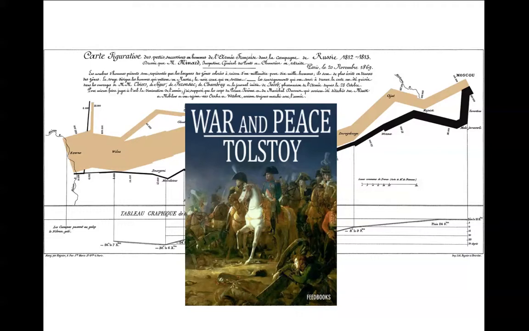But there was a guy in 1869 named Charles Minard, a French civil engineer, who produced a graphic that can tell the whole story of War and Peace in one graphic. War and Peace is like a 1,000-page book. And it's the example of Napoleon's campaign into Russia.